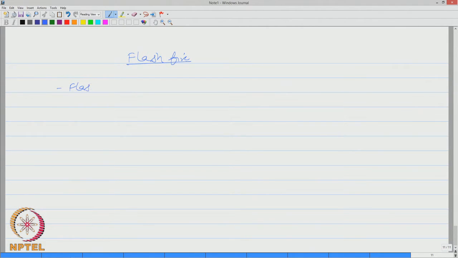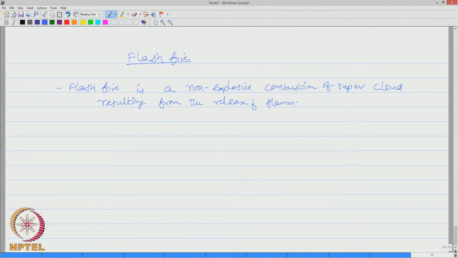Flash fire is a non-explosive combustion of vapor cloud resulting from the release of flammable material in open air.